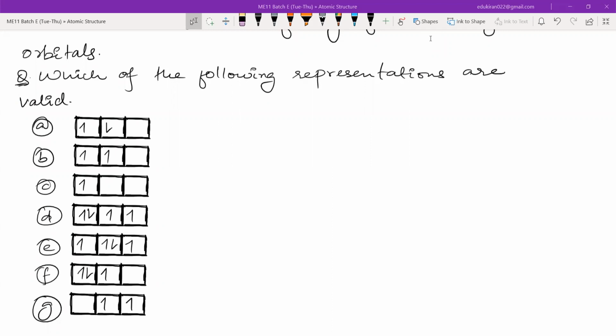Now let us extend that flowchart that we made. First, we will look at pairing. Whether it is paired, yes, it is paired. Then you will look: are the others filled?